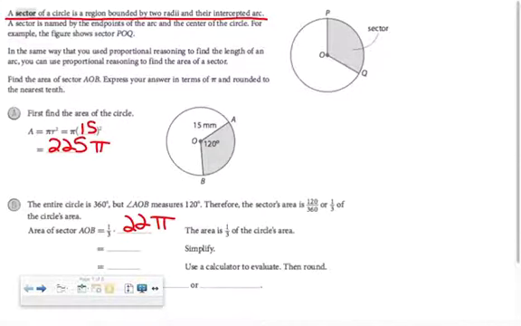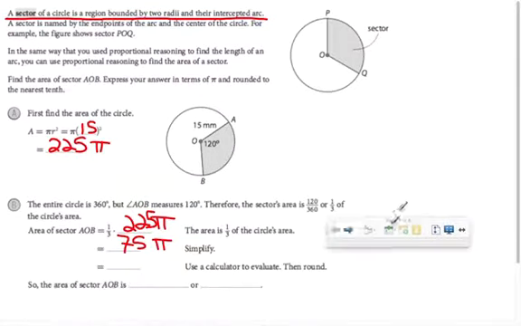So I get my calculator and I take 1/3 of 225 pi, so 225 divided by 3 is 75. And they want us to go ahead and evaluate this.